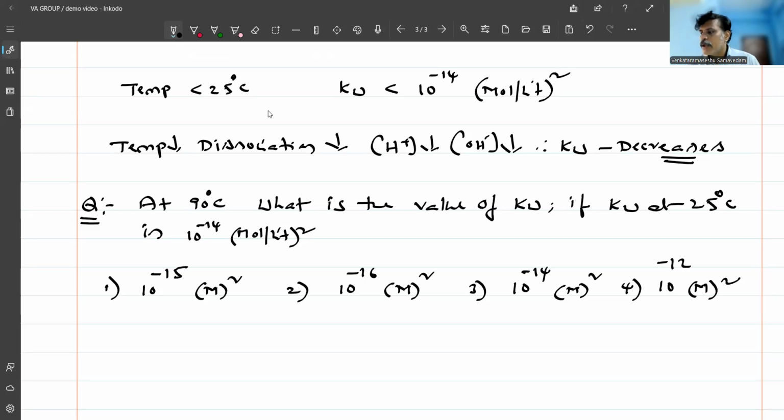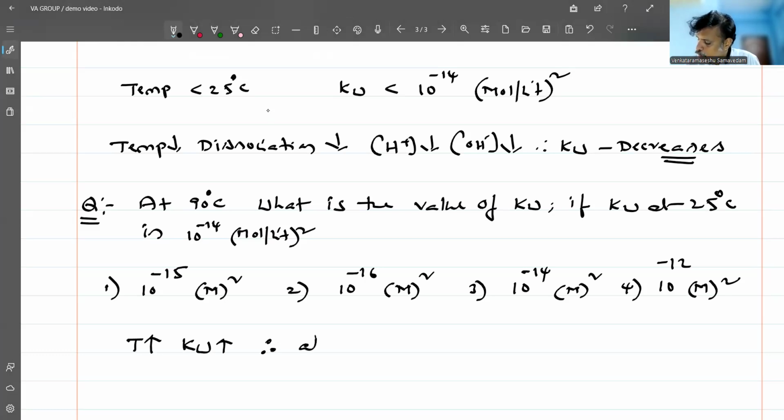So here, what I can write: at 90 degrees centigrade, the value of Kw, if I want to find out, we know that as temperature increases, Kw value increases.